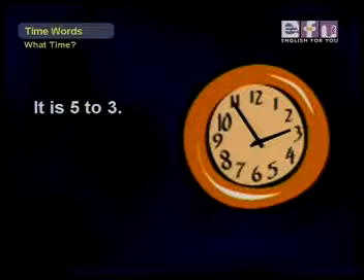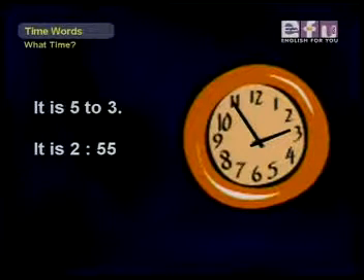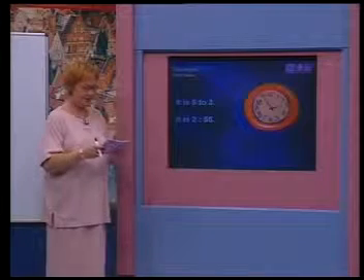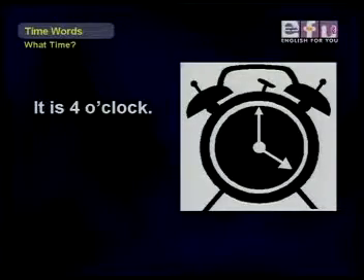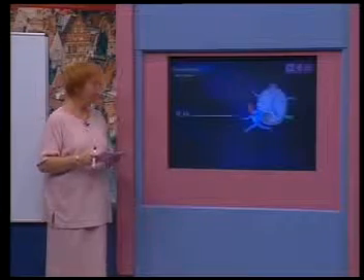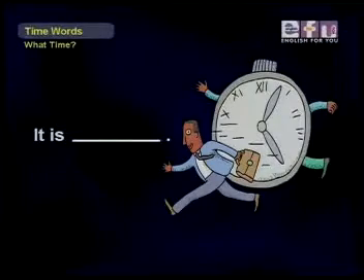Now, Lisa, you do it. It is 5 to 3. It is 2:55. Yes. Now, Isabel, for you. It is 4 o'clock. Yes, that's good. Great. Now, Lisa, for you.